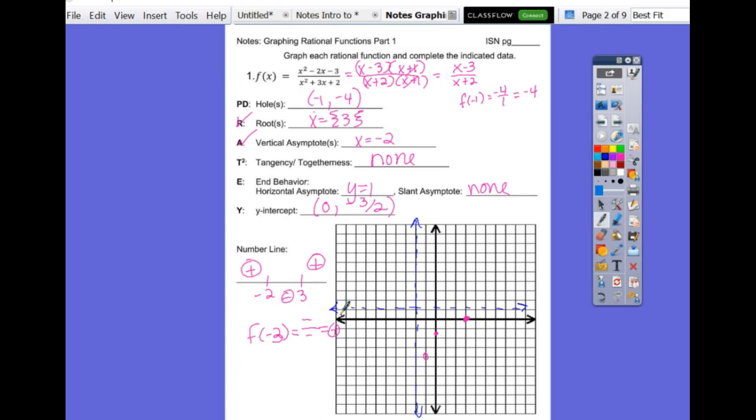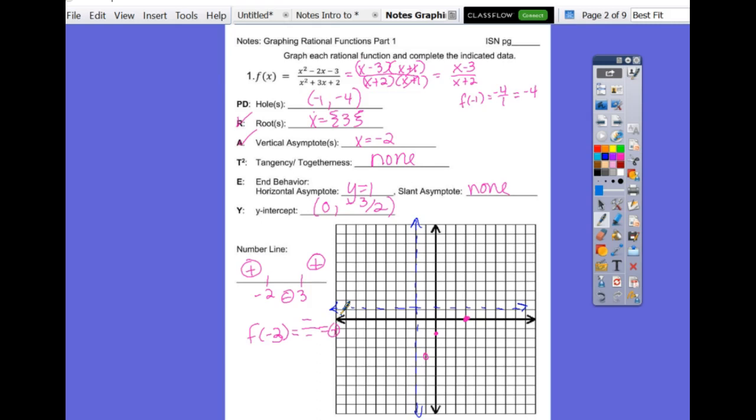And then from -2 to 3, which is here to here, what's this going to be? In this section right here, this has to be negative. And I see I have points there, so that's true. Then from 3 on, I have to have positive.